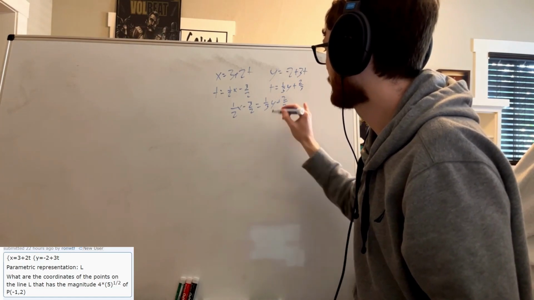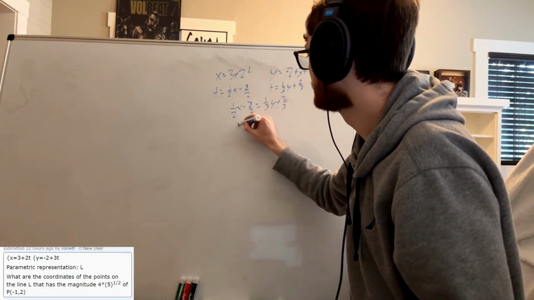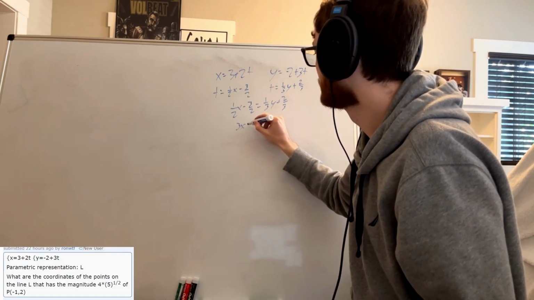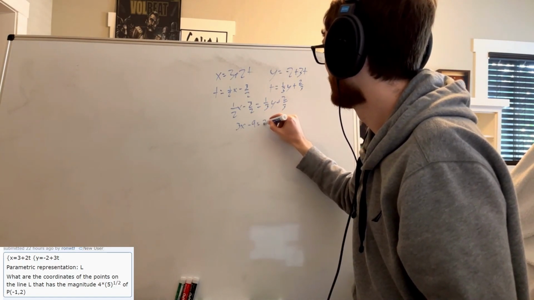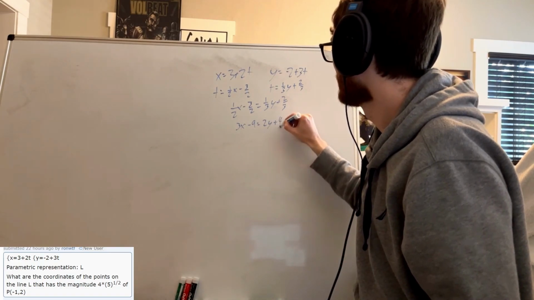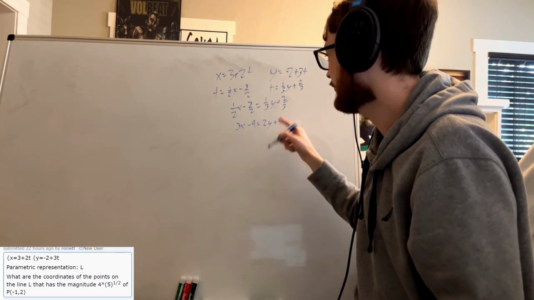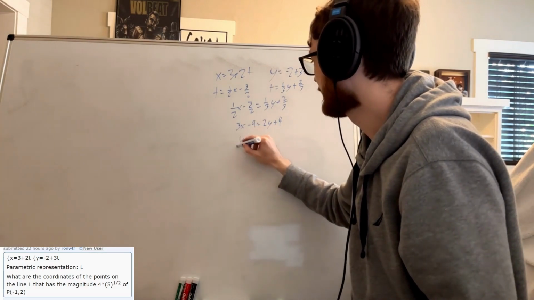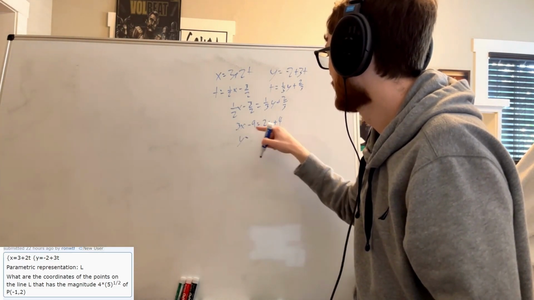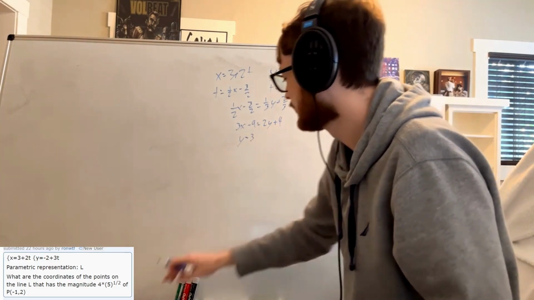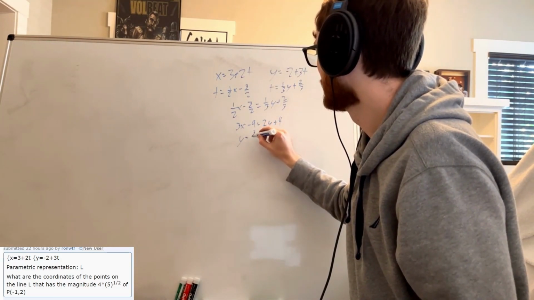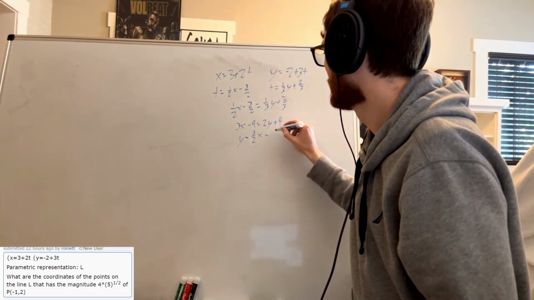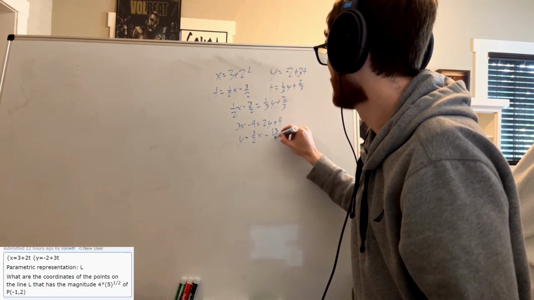Multiply everything through, I guess, by 6. Okay. I guess let's solve it for y to get our familiar y equals mx plus b. Okay.